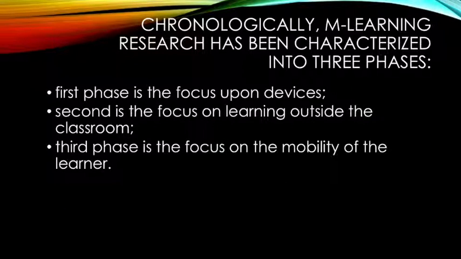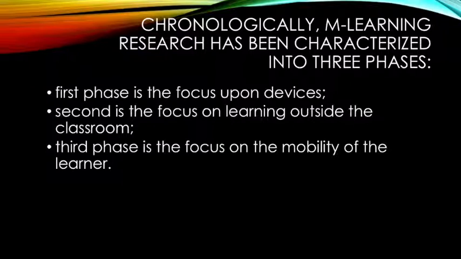So let's focus first on chronological and learning. Research has been characterized into three phases. The first phase is the focus upon devices. So you focus on the device. It could be any device that you'd like your students to use. And second is the focus on learning outside the classroom.